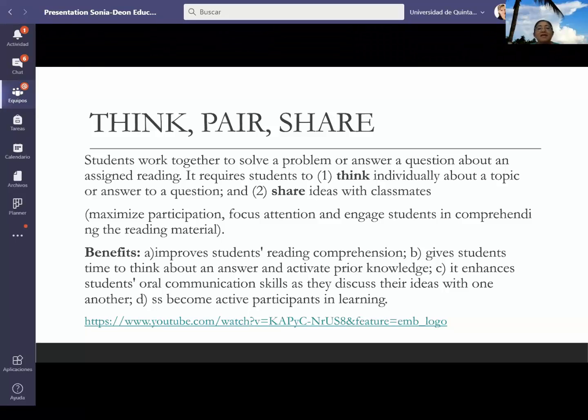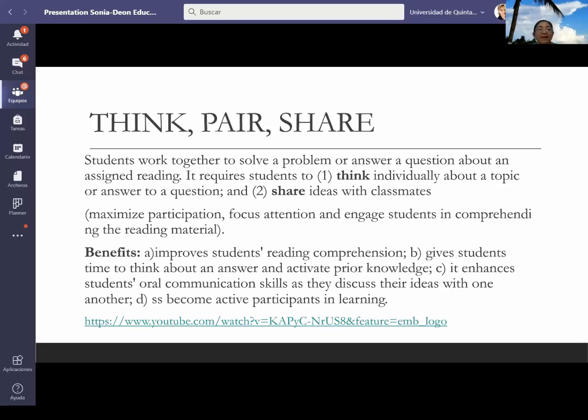It says it requires students to think individually about a topic or answer to a question and to share ideas with a classmate. Of course, as the name says, they're going to work in pairs, okay? What are the benefits? They maximize participation, they focus their attention, and engage students in comprehending the reading material.